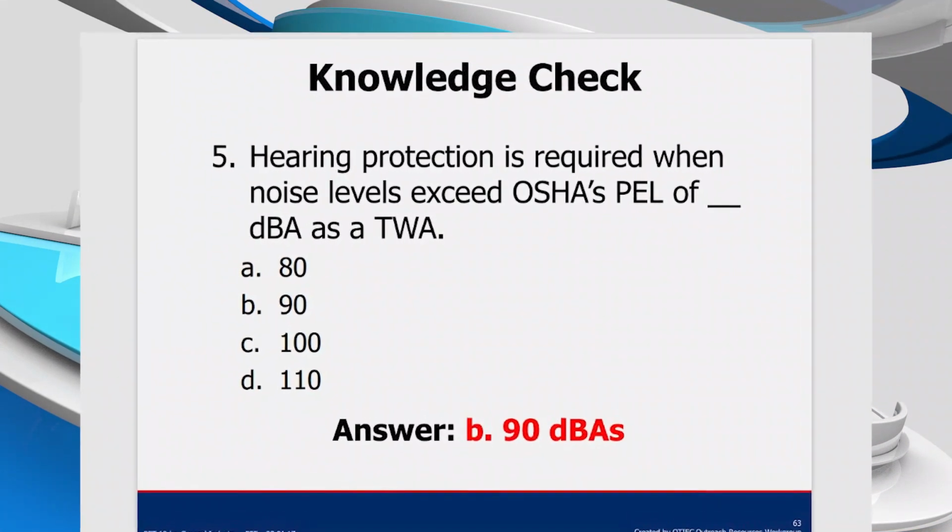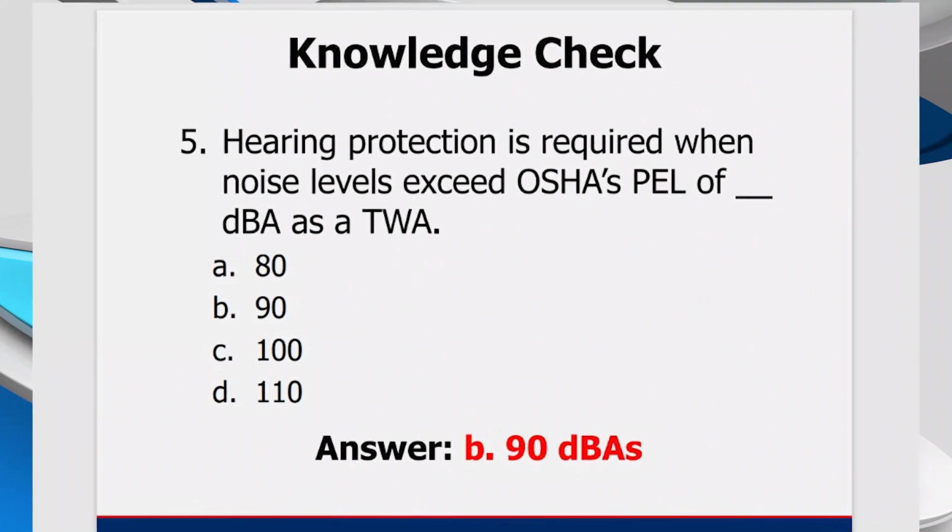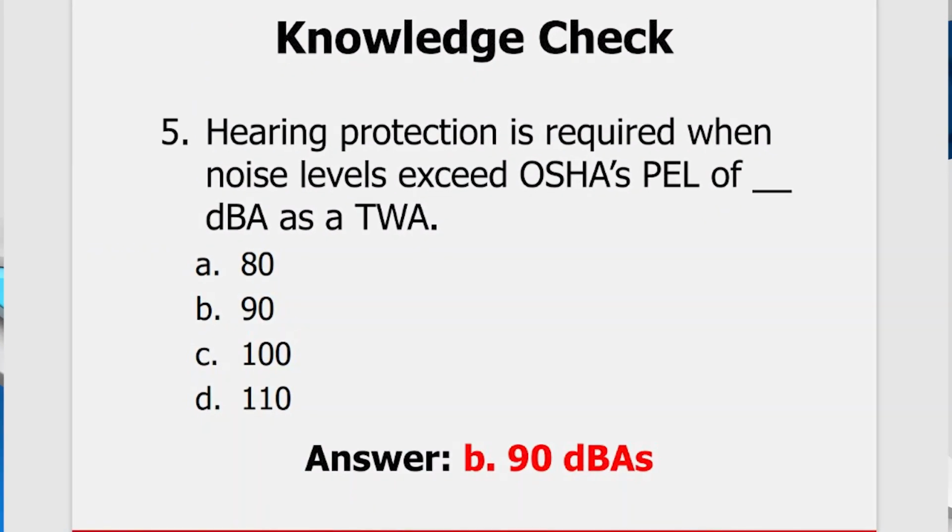Hearing protection is required when noise levels exceed OSHA's PEL of how many decibels as a TWA? A. 80, B. 90, C. 100, D. 110. The correct answer is B. 90 decibels.